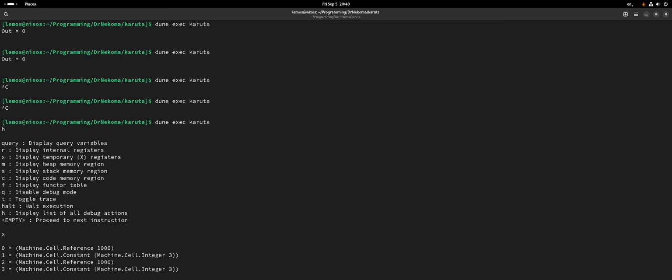Why do we have two X3s? That's a good question. We have a reference. Well, we have two registers with references to 1000. Go back to the code real quick, to the program.